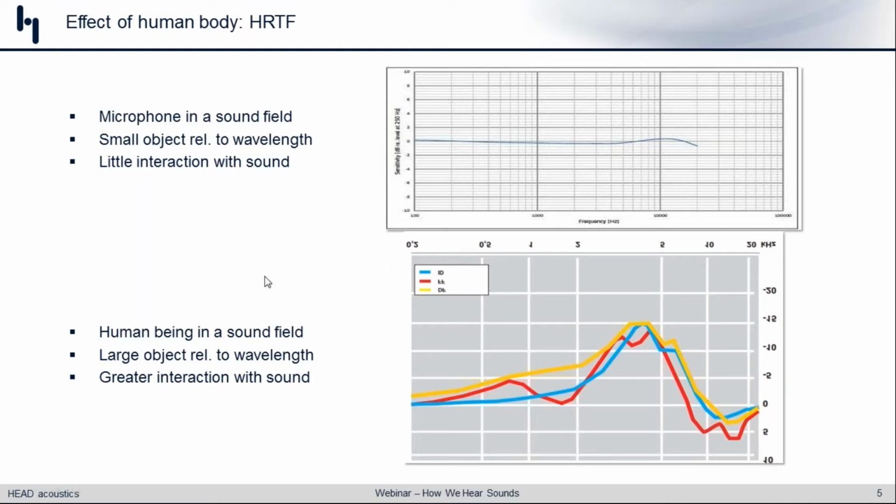Now, on the bottom side of the graph, what you'll notice here is these are the curves for a human being in a sound field. We are decidedly not flat.